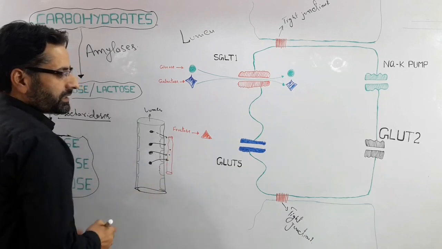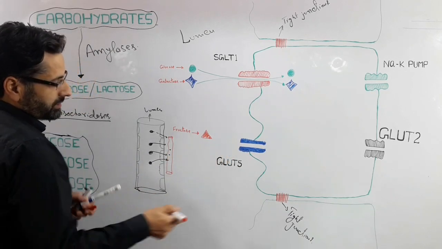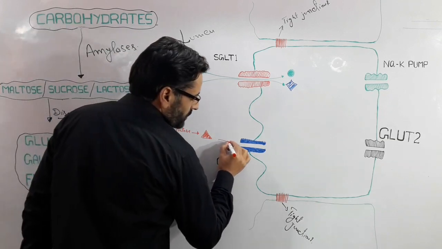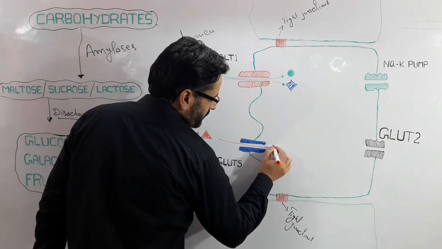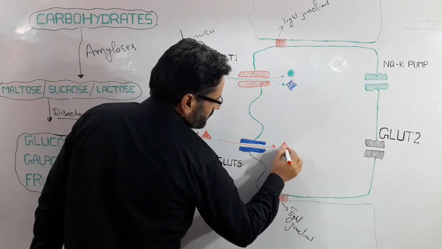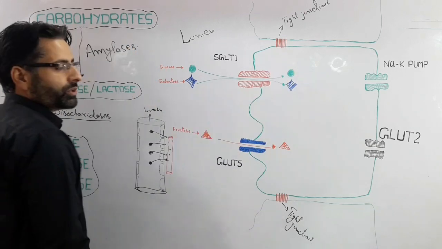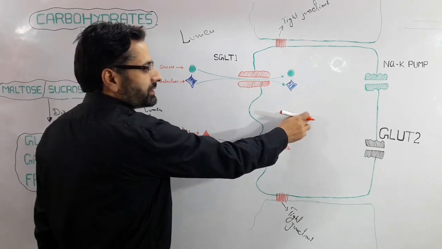And for this fructose, we have a separate transporter. And this transporter will carry the fructose from the luminal side into the cell. Now we have fructose, galactose and glucose molecules within the cell.